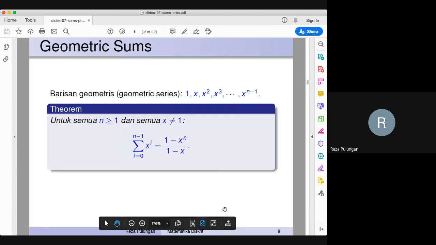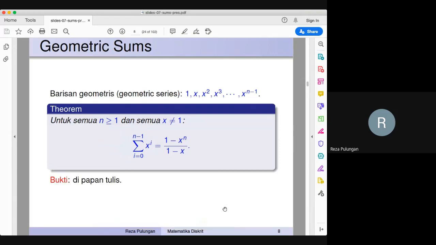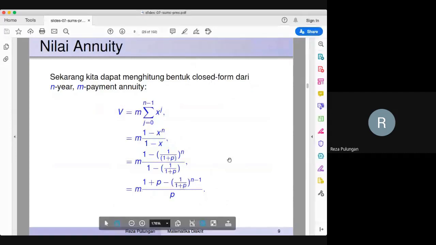So then this summation, you see, this is what we mean by a closed form solution. This summation has a closed form solution. You can just replace this by 1 minus x to the power of n divided by 1 minus x. And you can replace again. What is x? x is our substitution, x is equal to 1 divided by 1 plus p.